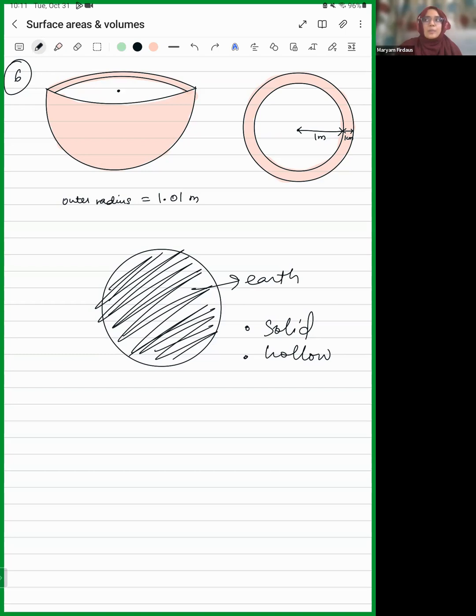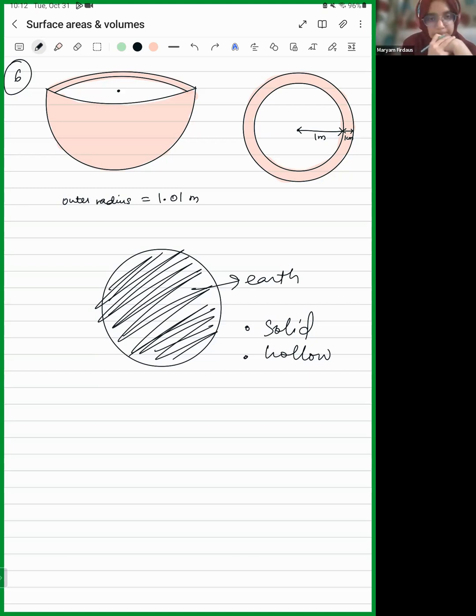After scooping out that portion, you still have some metal remaining, right? How will you find the volume of that metal? You will find the volume of the original entire hemisphere, and then subtract the volume of the smaller hemisphere inside it.